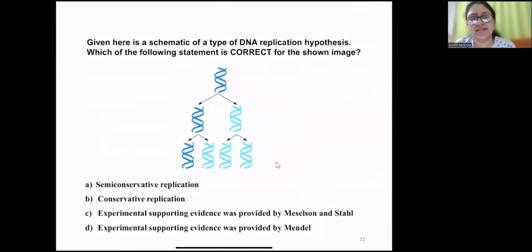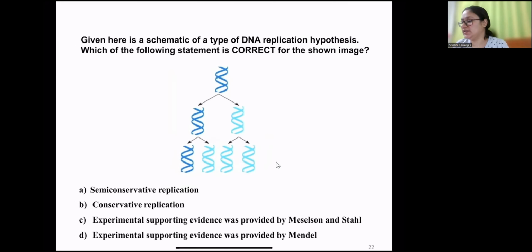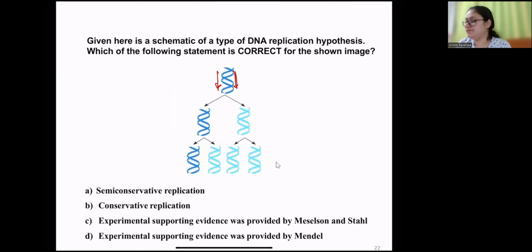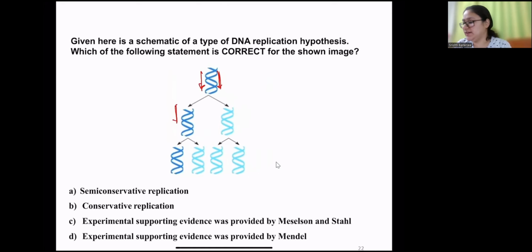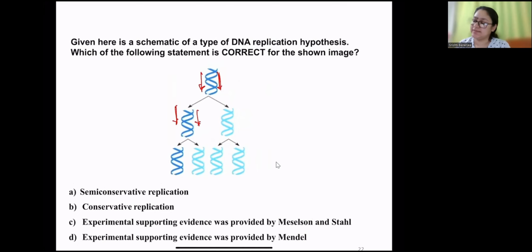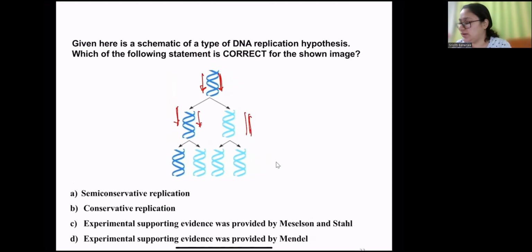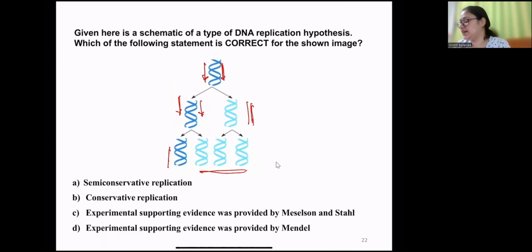Here is a schematic of a type of DNA replication hypothesis. Which of the following statements is correct for the shown image? What kind of replication process or hypothesis is this? If I just brief it, these are the two parental strands, and after replication, this is again the parental strand, and this is a completely different one. And again in the next one, only one is there, and these three are different ones.